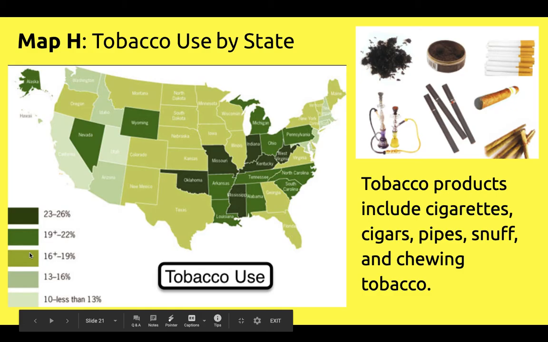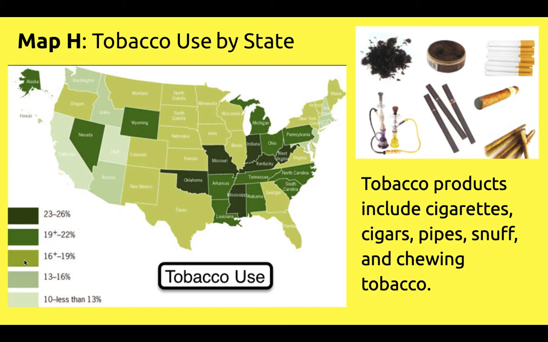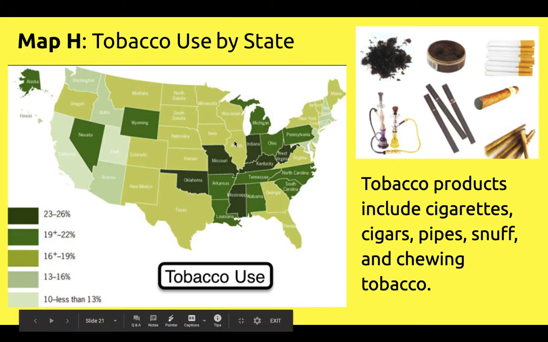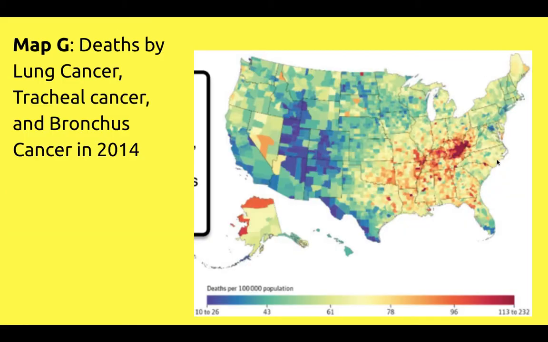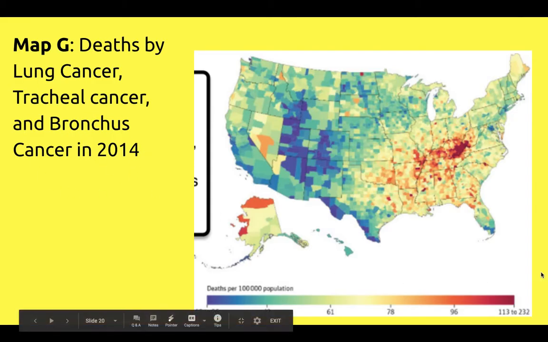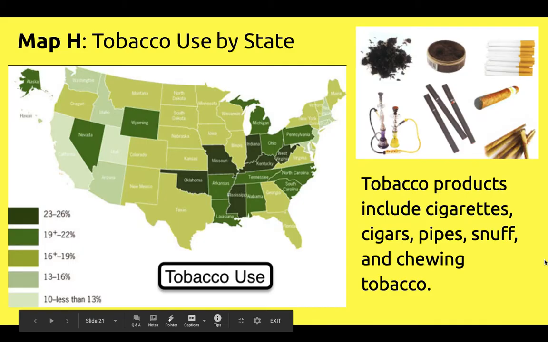When you look at Illinois, you'll see that the color is about in the middle as far as usage goes based on this scale. But you can notice that the darker colors are in this area of the country, and then compare that to what you see over in this area on the map and how that's related to the amount of cancer that people are reporting.